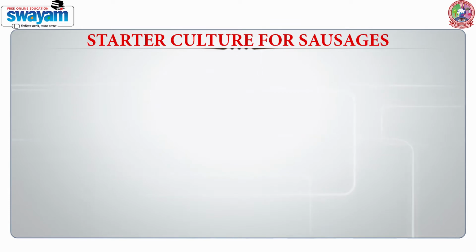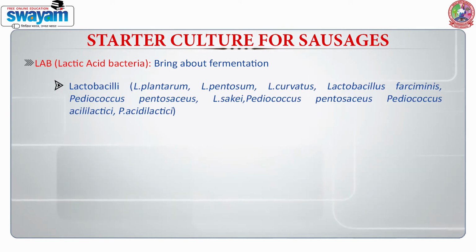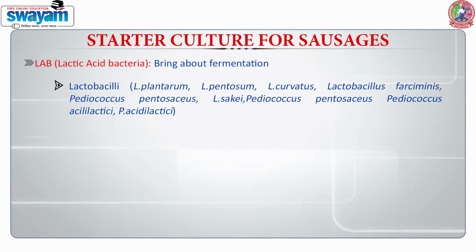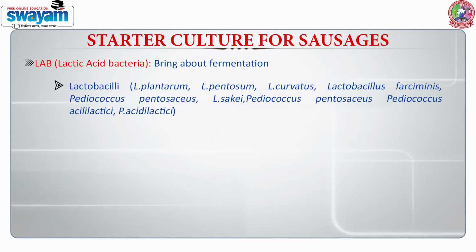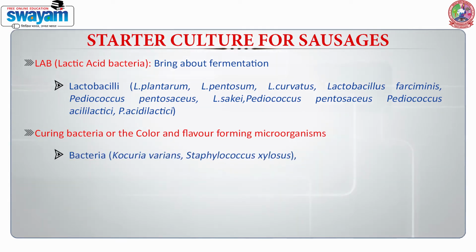The prime starter culture organisms are lactic acid bacteria, which bring about the fermentation, and the prominent organisms are lactobacilli: Lactobacillus plantarum, Lactobacillus pentosus, Lactobacillus curvatus, Lactobacillus farciminis, Pediococcus pentosaceus, Pediococcus acidilactici, etc. Curing bacteria for the color and flavor forming organisms are bacteria of Staphylococcus and Kocuria species.